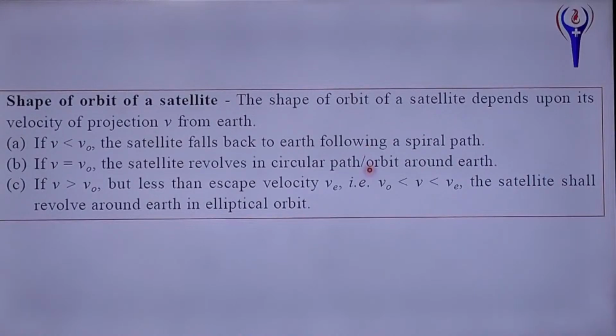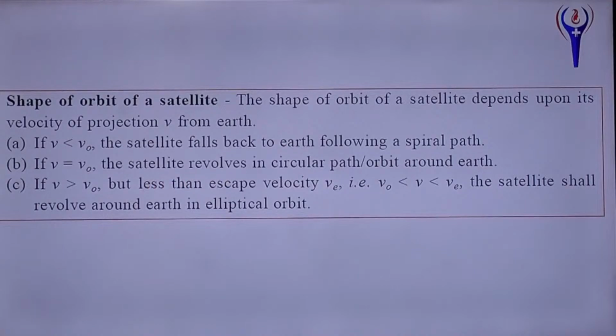Actually, how is a satellite launched? Using a rocket, it should be taken to a certain height and it will be projected with a certain velocity. And that velocity should be compared with the orbital velocity. If the velocity is less than the orbital velocity, then the satellite falls back to Earth following a spiral path.